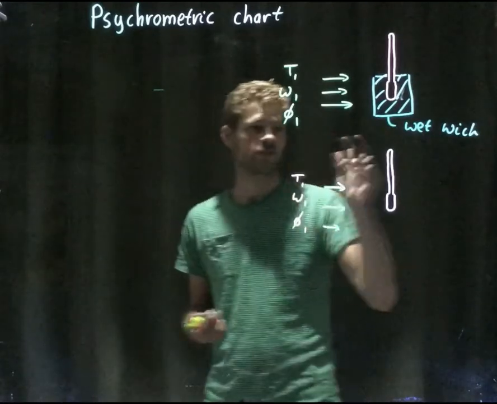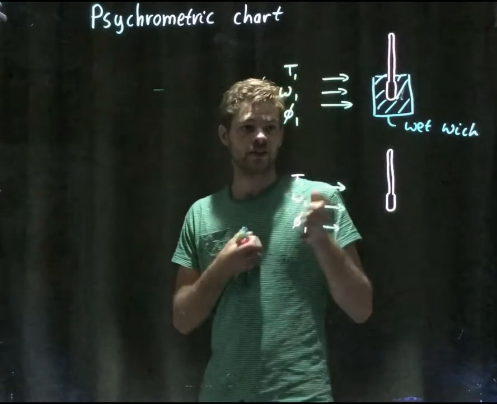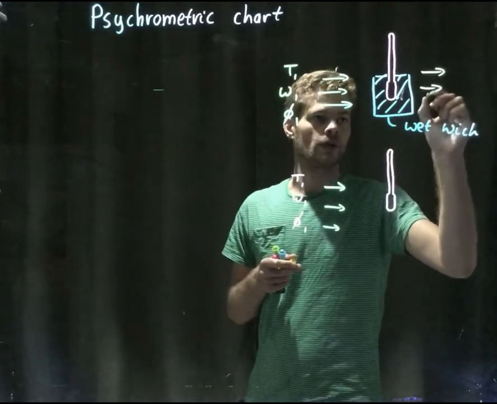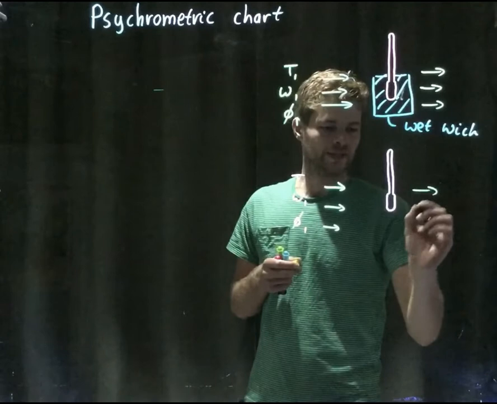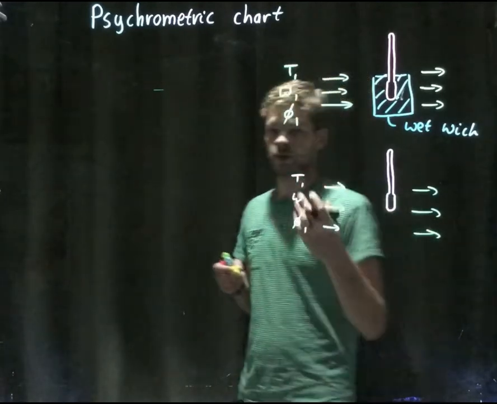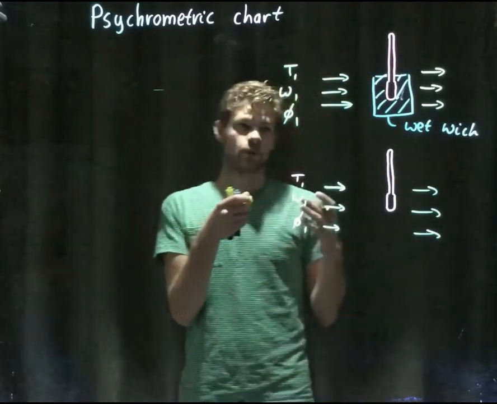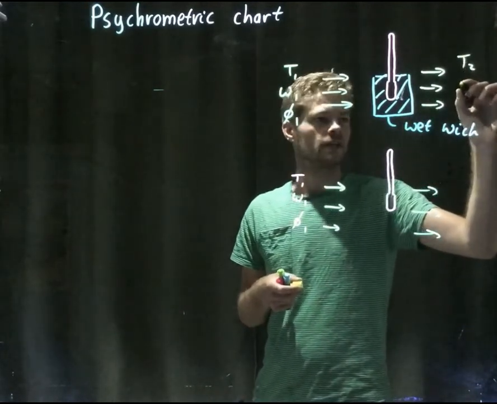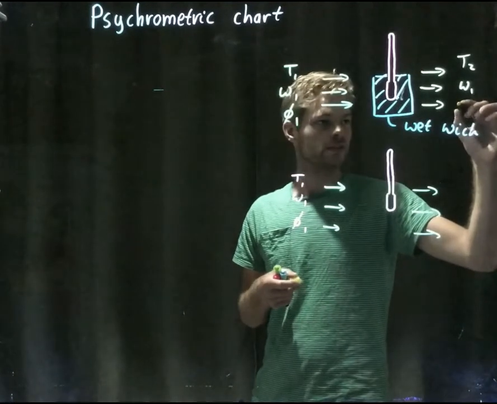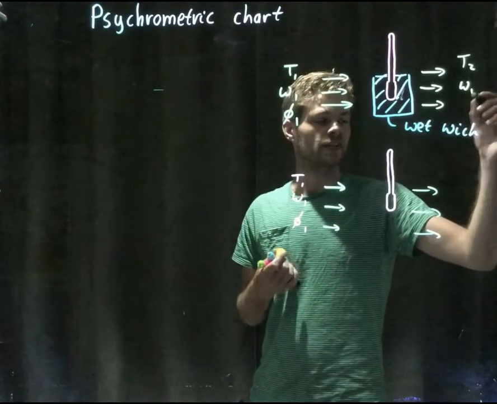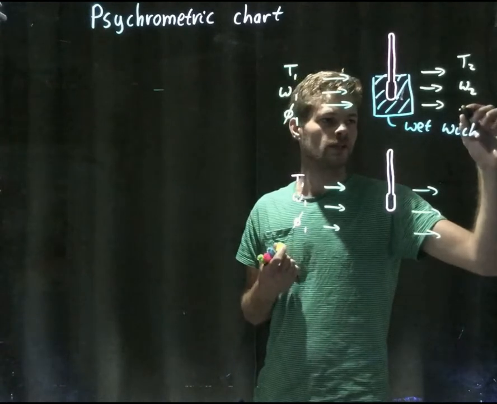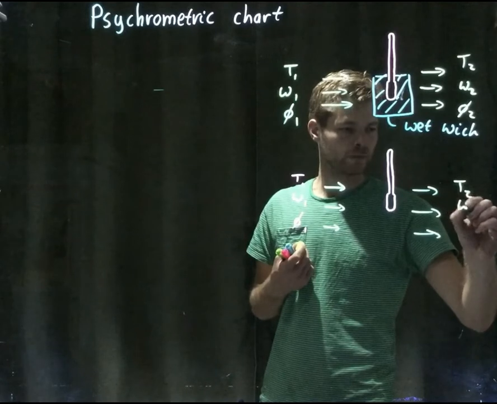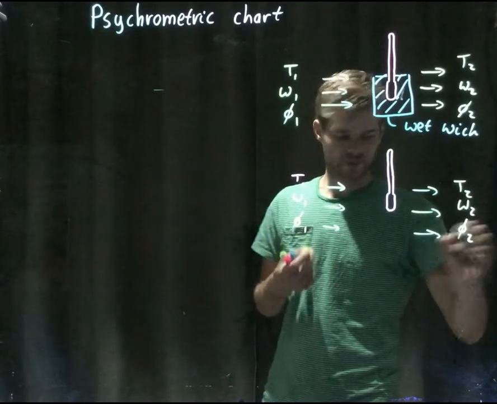And you can imagine if a flow is moving past this thermometer, that it will absorb some of the water that's in there in the form of a vapor. So there will be a temperature T2, this will be omega2, this is psi2, and over here we've got T2, omega2, psi2 as well.